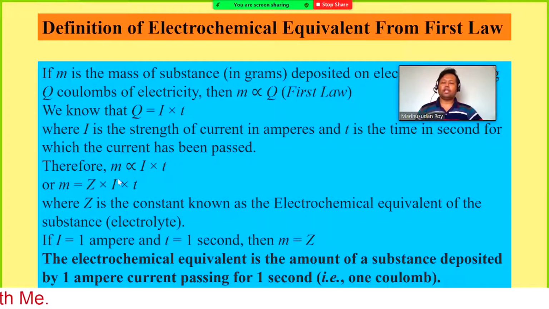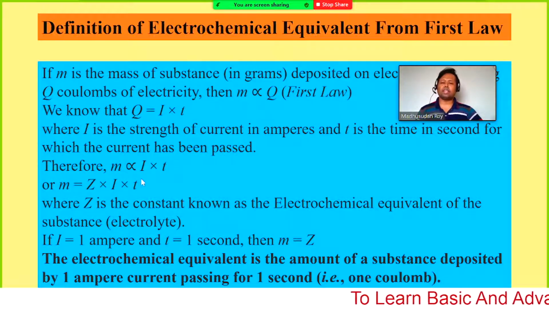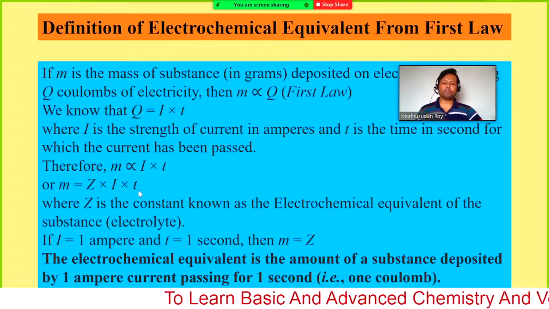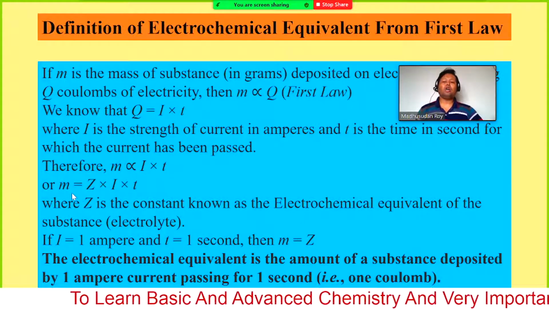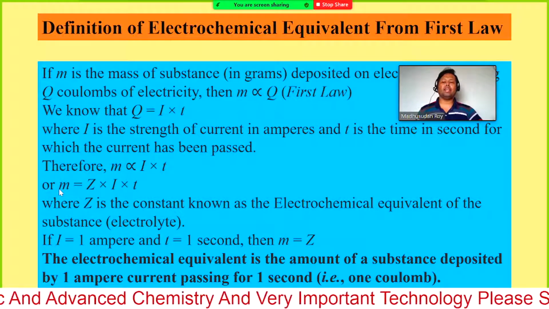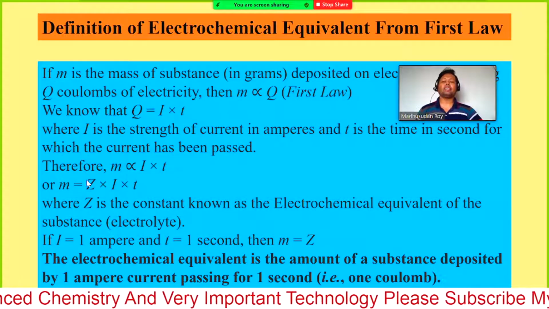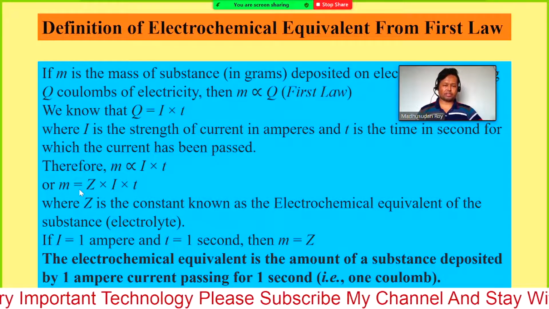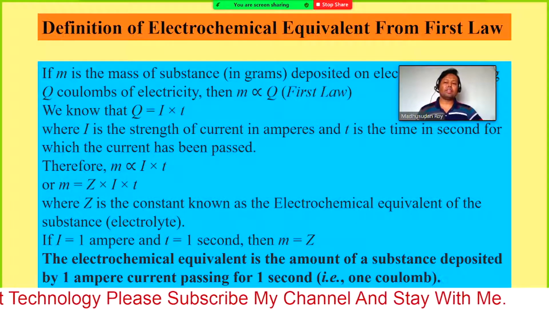That means if you supply 1 ampere of current for 1 second through an electrolyte, then how much amount of substance will be deposited at the electrode? That is known as the chemical equivalent of that component. Understand?